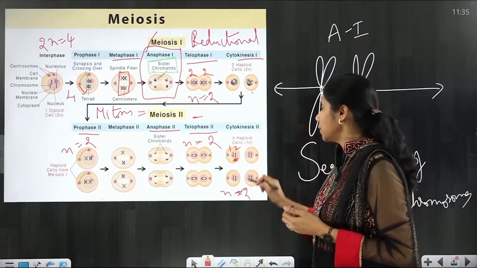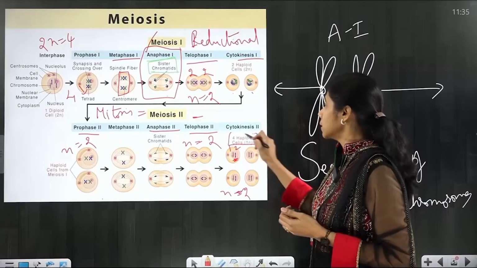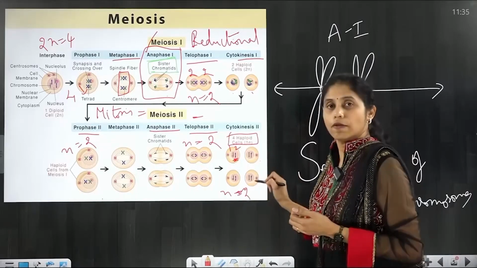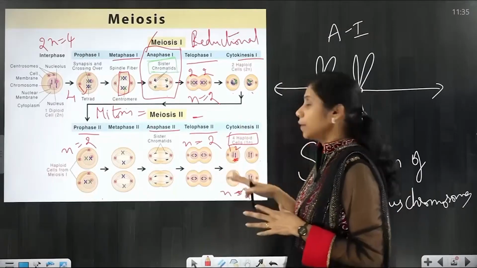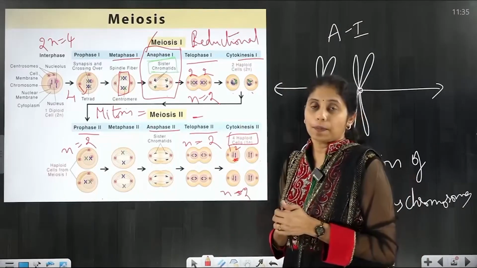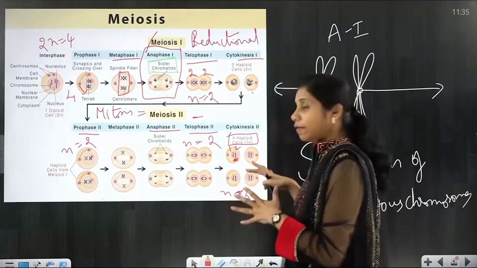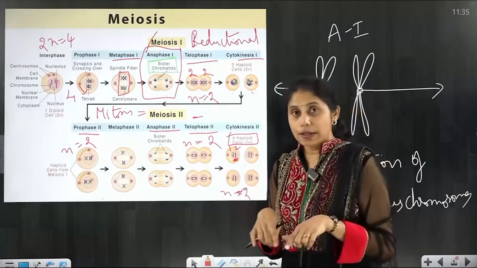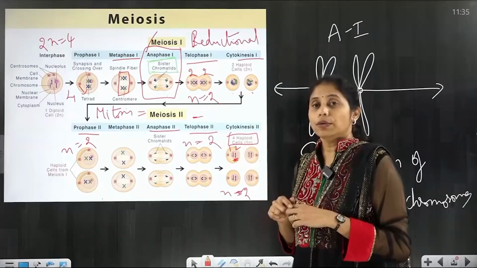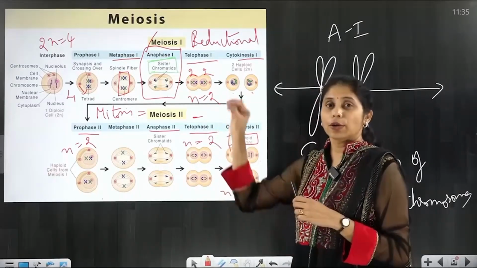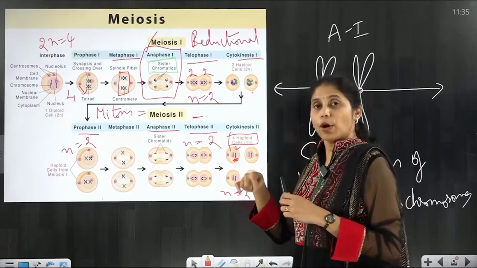But how many daughter cells are we getting here? 4 daughter cells are formed: 1, 2, 3, 4. In mitosis we are getting only 2 daughter cells, but in meiosis we are getting 4 daughter cells altogether, which are definitely different among themselves, and they are different from the parent cell also. In mitosis, I told you these daughter cells will be similar to the parent cell, and similar among themselves also.